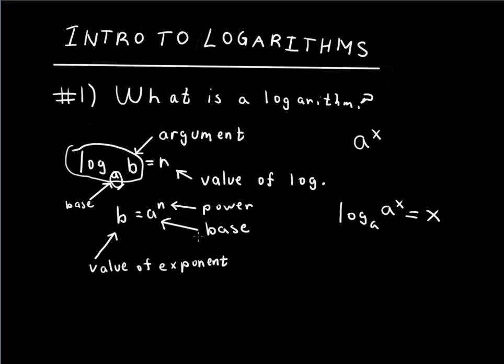You can put this into exponent form by doing it in reverse order: b equals a to the power n, where b is the value of the exponent, a is the base, and n is the power. So if you take log base a of the value of the exponent, you're going to be able to find the exponent. This is really useful for finding the exponent of numbers with different bases.